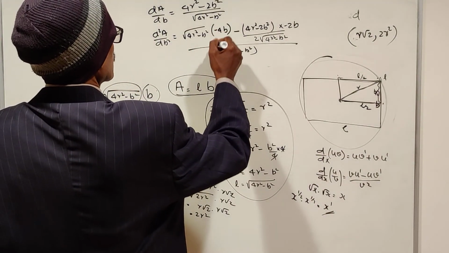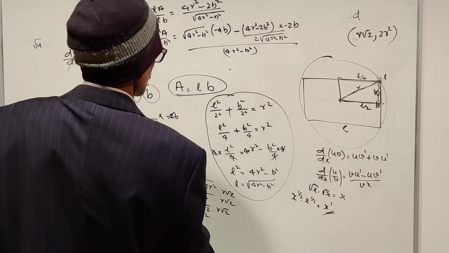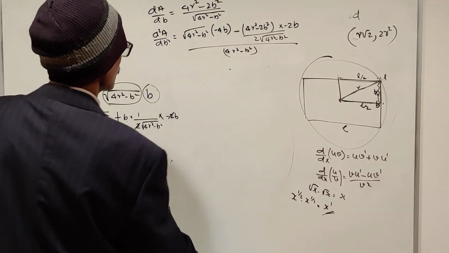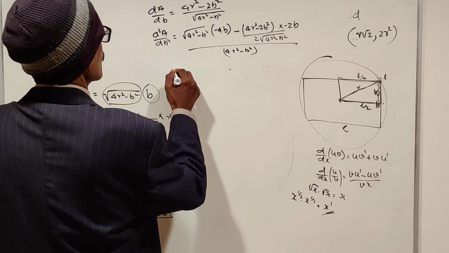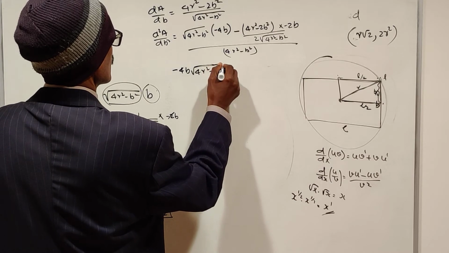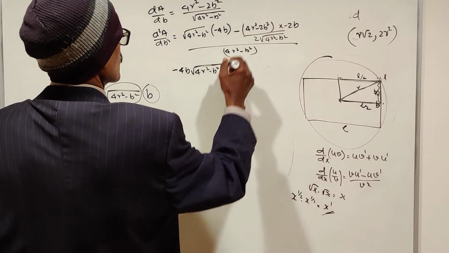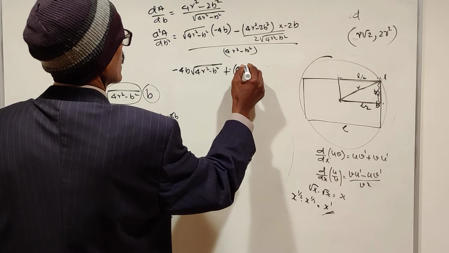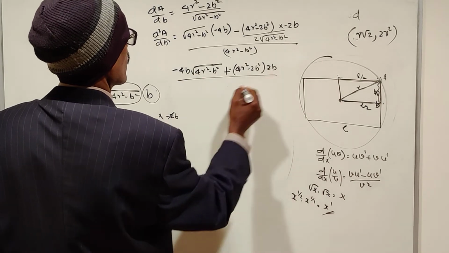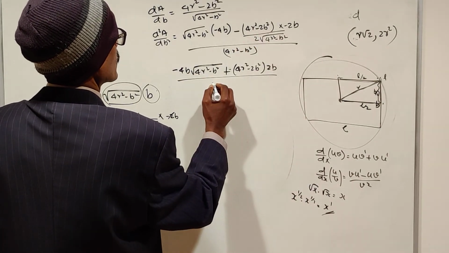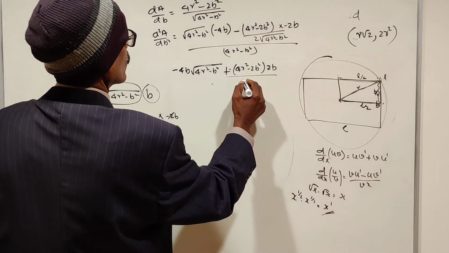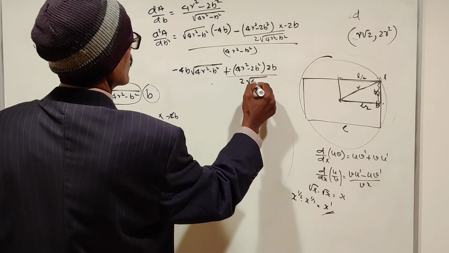So here I'm going to erase this. Minus 4B into square root of 4R square minus B square. Minus into minus, plus 4R square minus 2B square into 2B by 2 into the square root of 4R square minus B square.